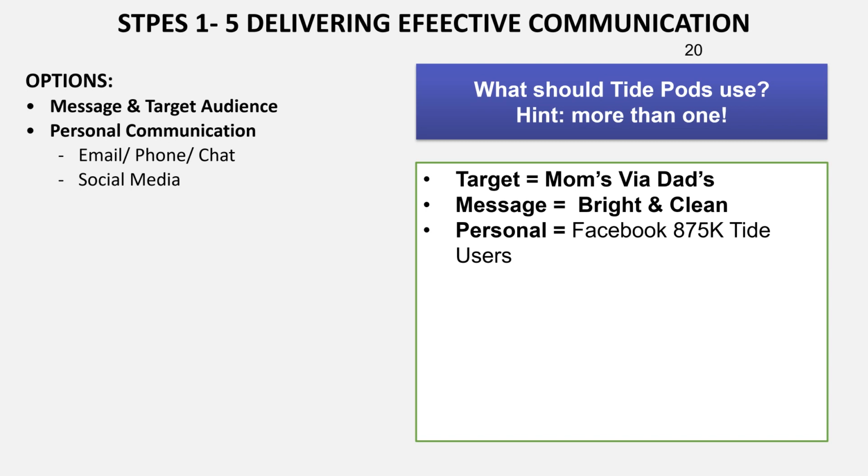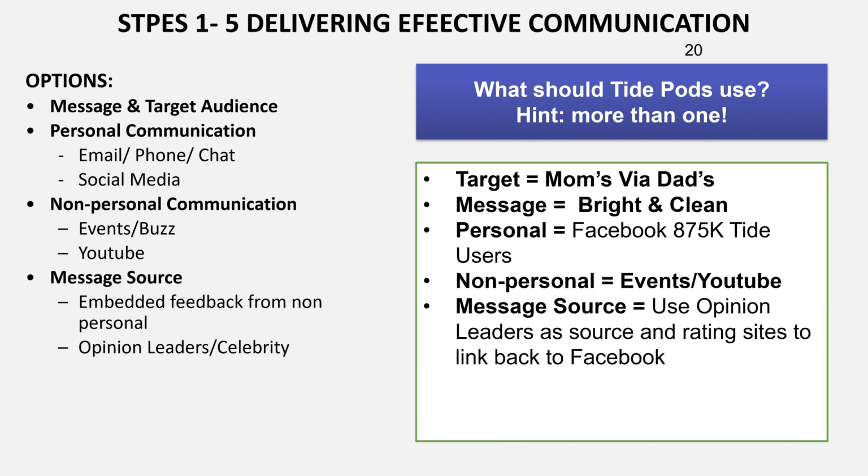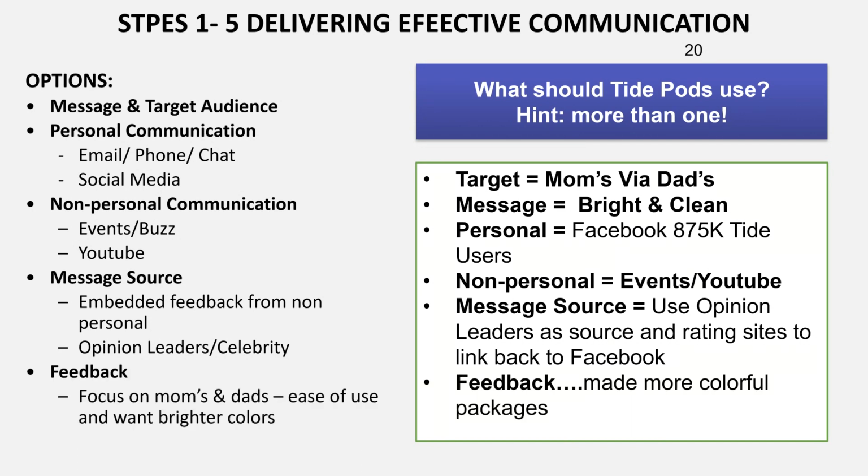And again, that's free, right? So it's super easy to use your Facebook and personal messaging. They used non-personal messaging like events and YouTube, and they did that really well. They used opinion leaders and linked it back to Facebook and YouTube. They also used a celebrity as well. And again, the VP was super, super stoked.